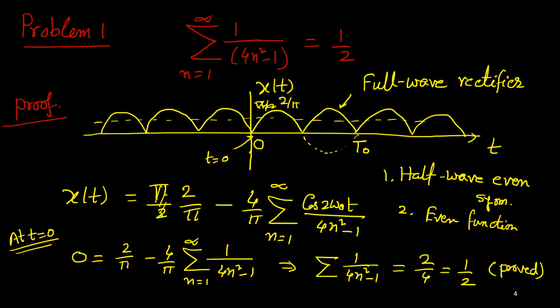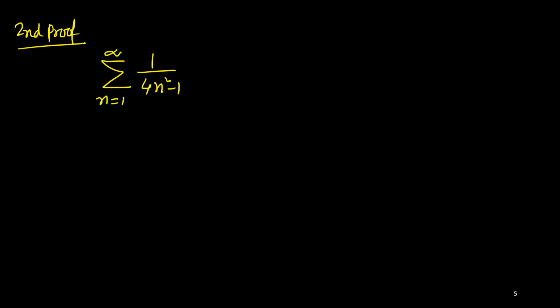Now this summation we can prove also without this Fourier series. So we can have some alternative proofs. So second proof: this summation 1 upon 4n square minus 1, n equal to 1 to infinity, we can rewrite as this summation, it has two factors, 2n minus 1 and 2n plus 1.